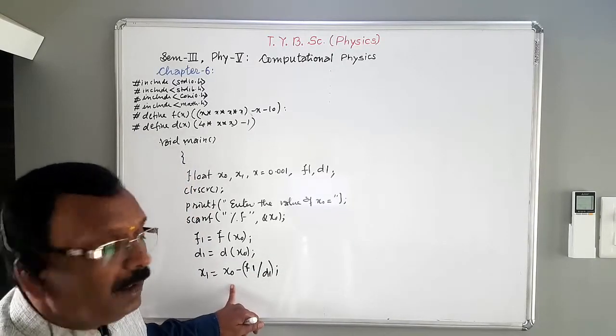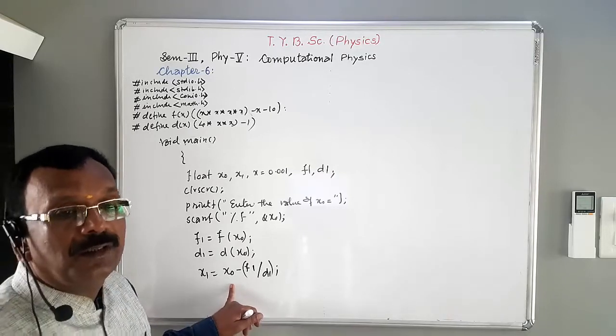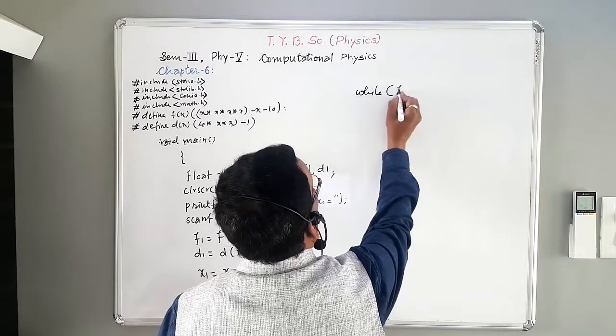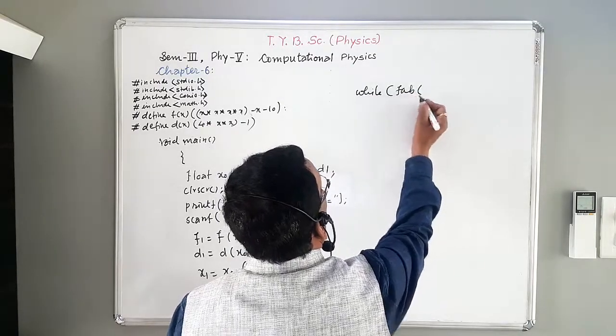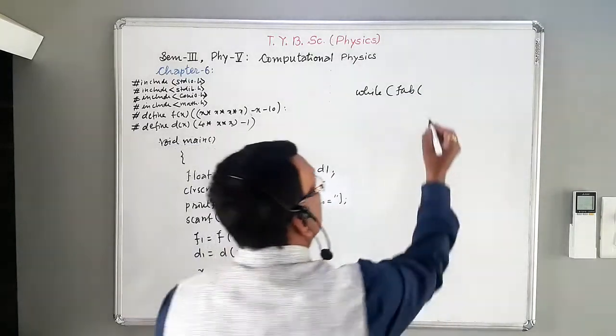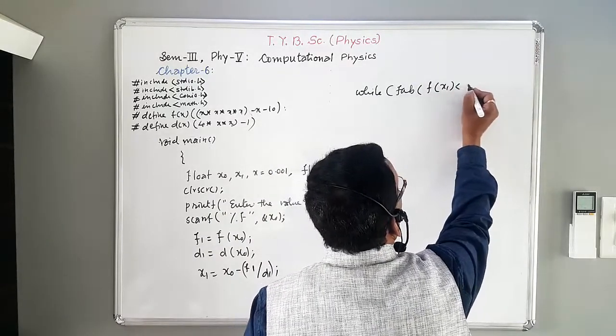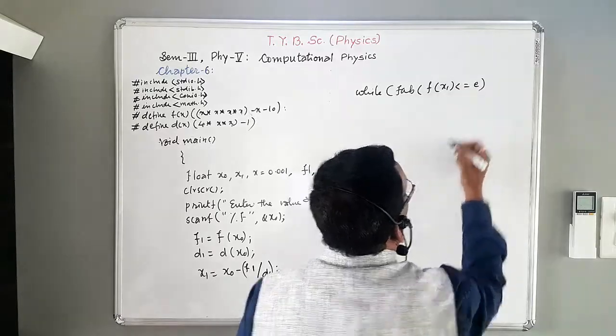Okay. Then use while loop. So while, in bracket, fabs of f1 is greater than e.